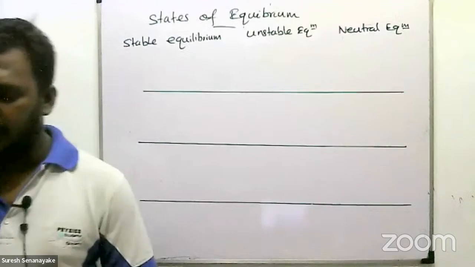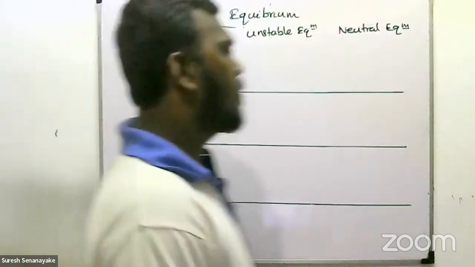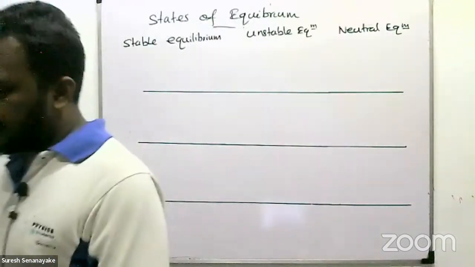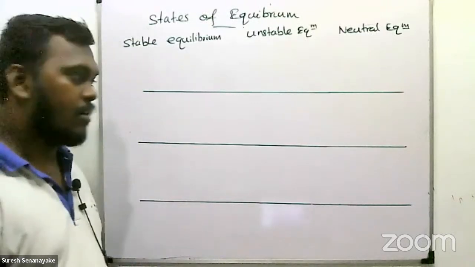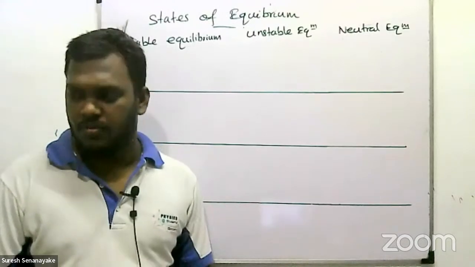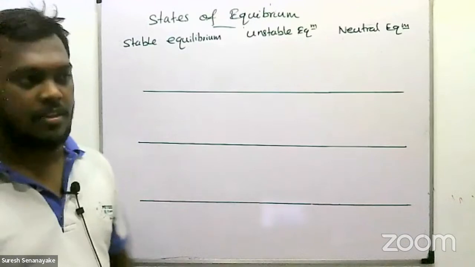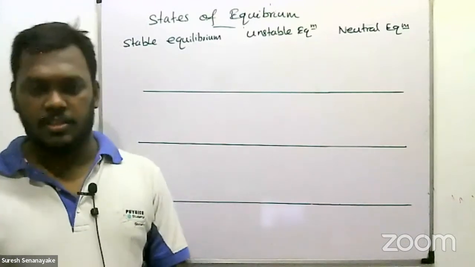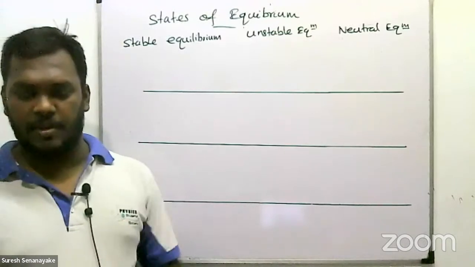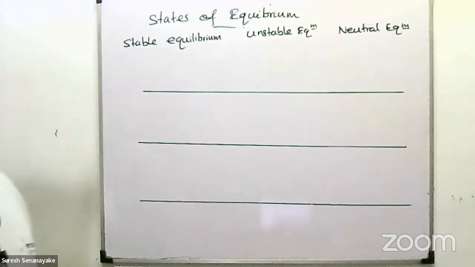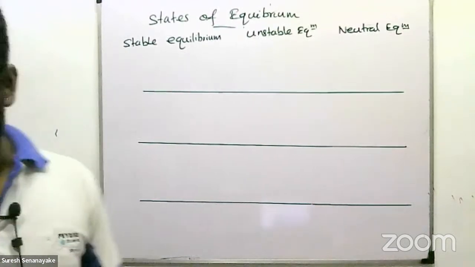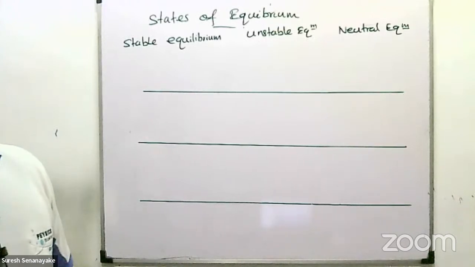When a particle is displaced slightly from its initial position, the force acting on it tries to displace the particle further away from the initial position. It is called unstable equilibrium.